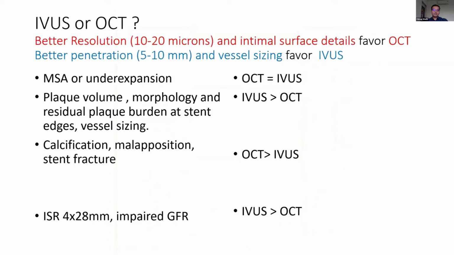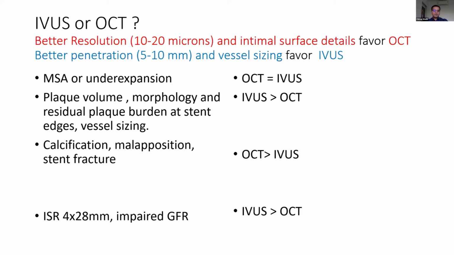In general, it is understood that in view of better resolution and intimal surface details, OCT is favored over IVUS, which has better penetration, and therefore can detail plaque volume, morphology, residual plaque burden, and vessel sizing much better than OCT. And of course, vessel sizing is supposed to be much better with IVUS and much more perfect compared to optical coherence tomography.